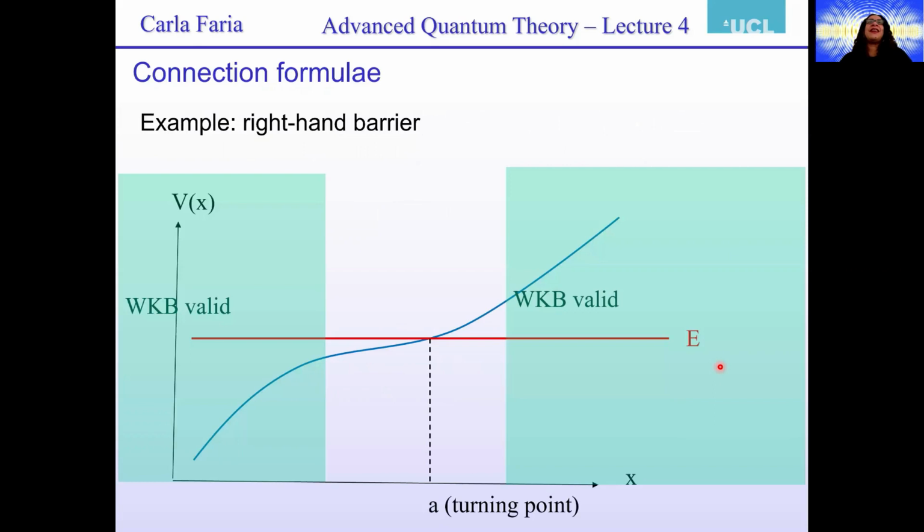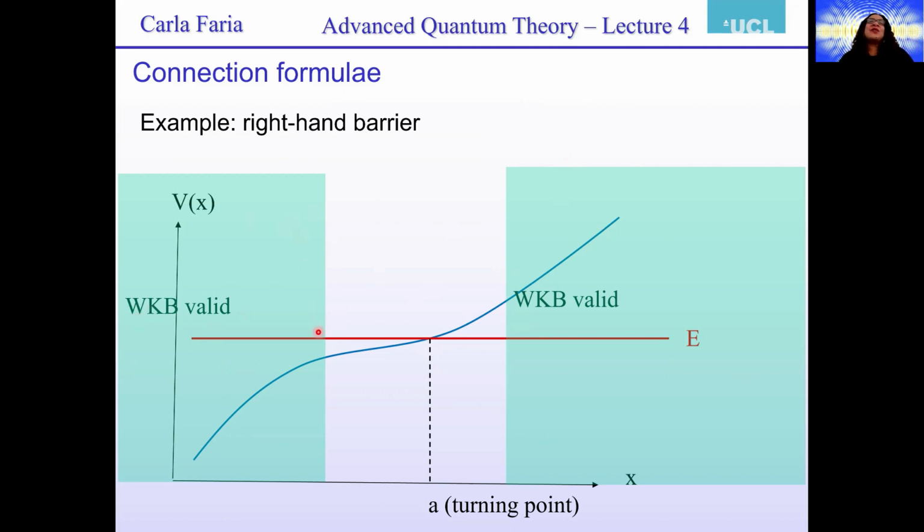And more specifically, let's see, for instance, what I mean. Let's suppose we have a barrier, okay? So this is V(x) as a function of x. Here you have the energy of the particle. So this whole region here is classically allowed. This region here is classically forbidden.